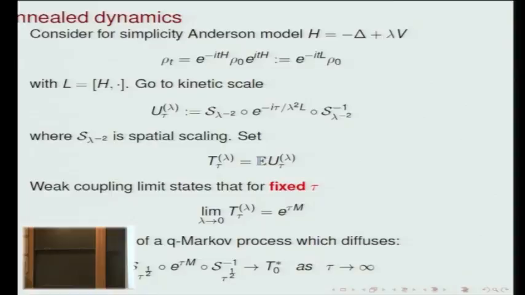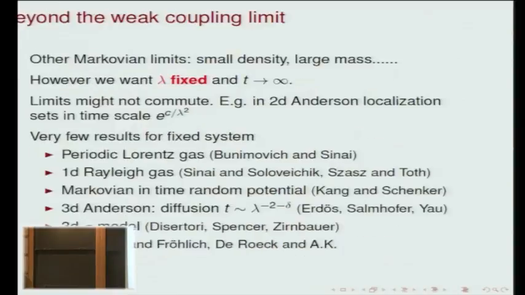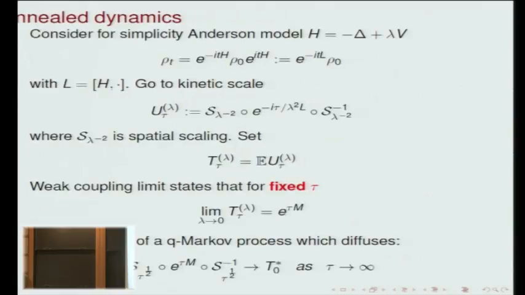So what is the kinetic limit? We have this unitary evolution, and you go in time 1 over lambda squared times some fixed parameter tau, and then you do the scaling, which I showed before. So you scale the center of mass coordinate. So you still have a unitary operator, which is of course a random unitary operator because L is random by V. And let me call the average of that operator T. That is measured in units of the kinetic time scale, so I call it tau.